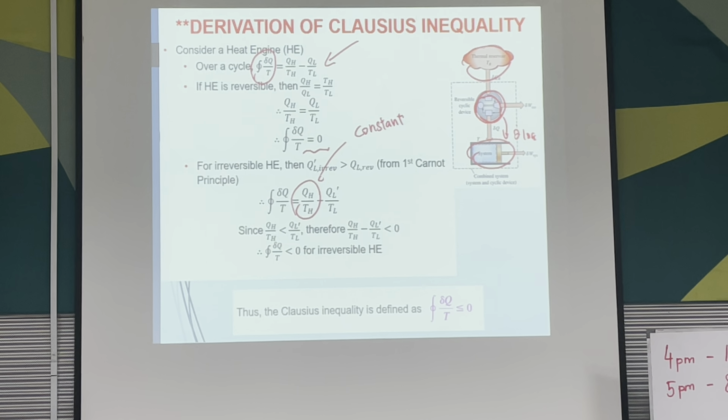Meaning your system will still lose more energy, which results in less net work. The non-reversible system will lose more heat and result in less work generated. Okay, makes sense, right? Sorry, just now I was categorizing the heat in another way.